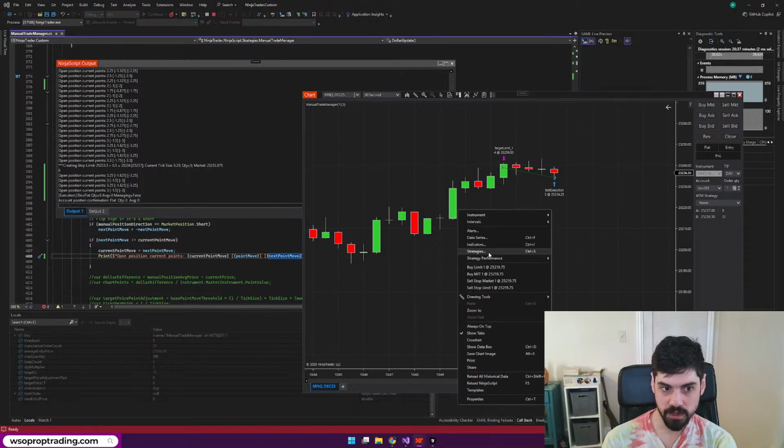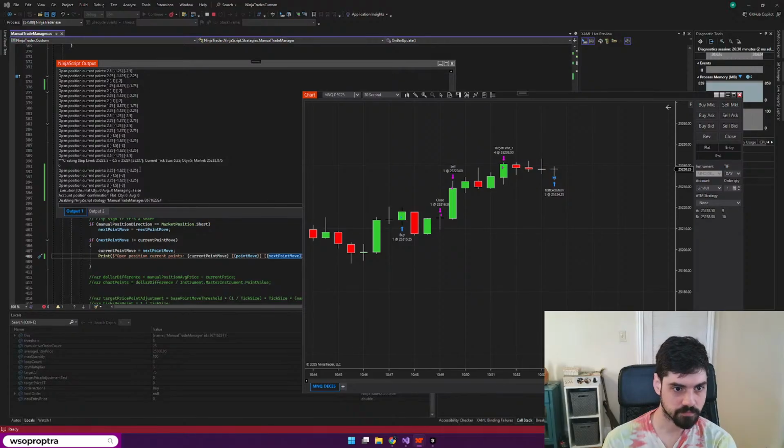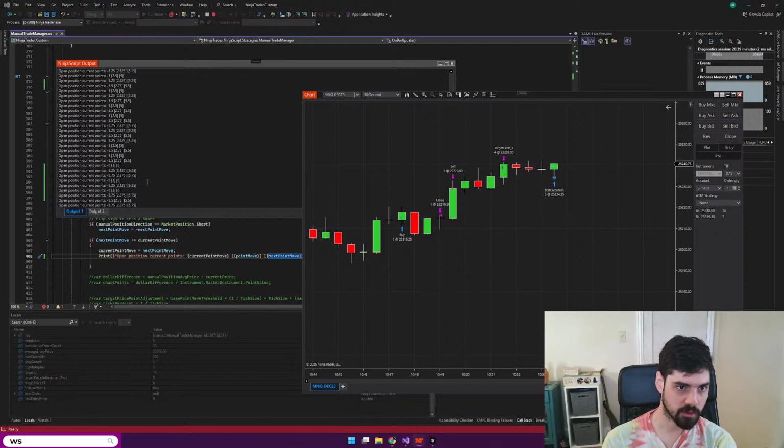We're gonna stop this strategy from printing. So I think I was doing it one tick away from the price. I think just doing 2 ticks will be safe.